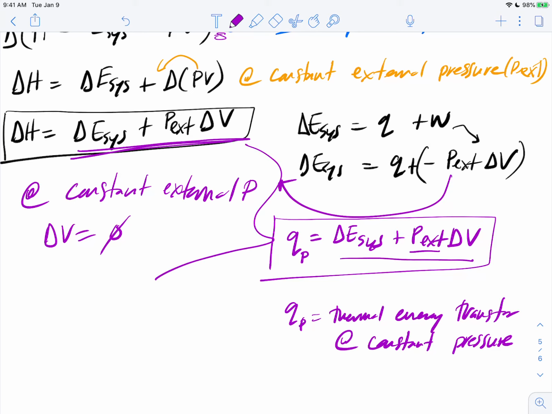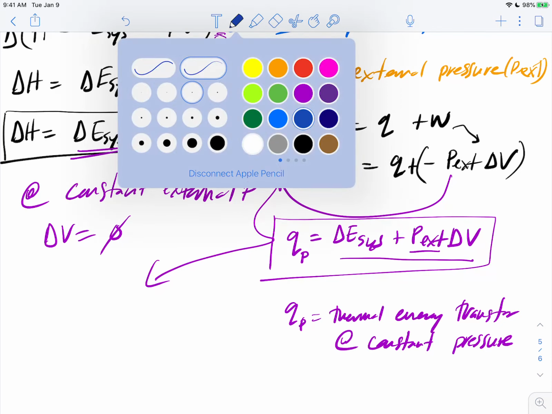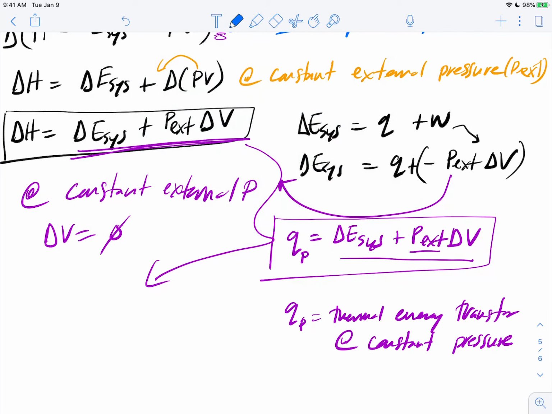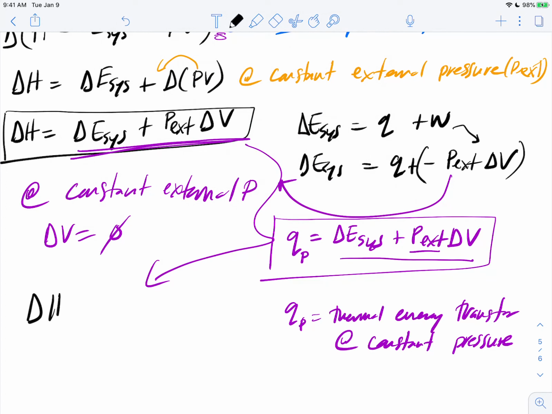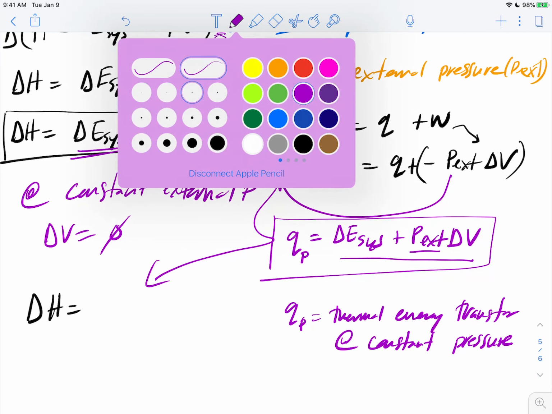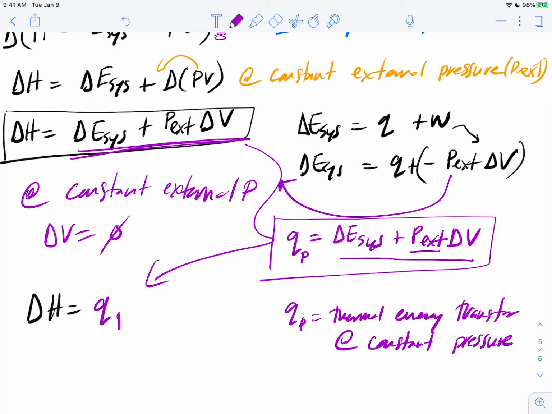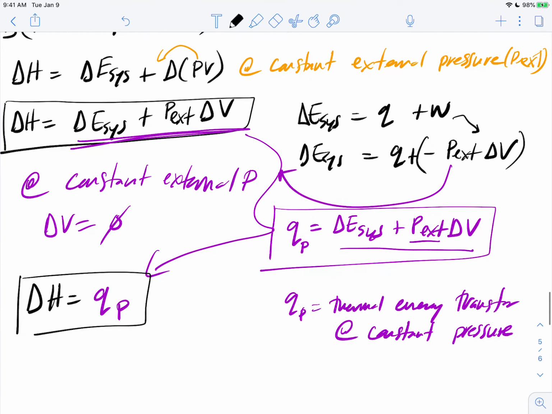So I can take these two and say that delta H is equal to QP. Okay, and so that's simply showing you a derivation for enthalpy.